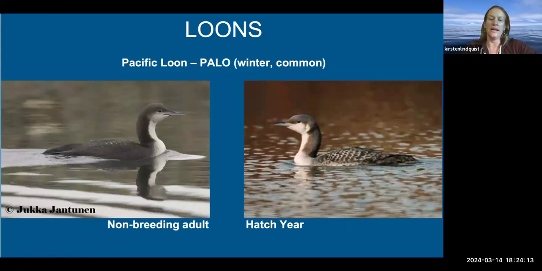Second in size, a little bit smaller, the Pacific loon. We did see some of these. Sometimes this little throat latch, as I mentioned, is not super distinct in all postures, but here it is. Note it does not have the big zig.